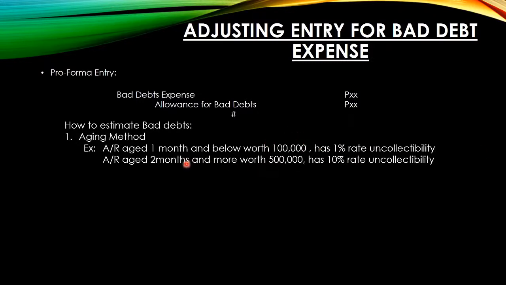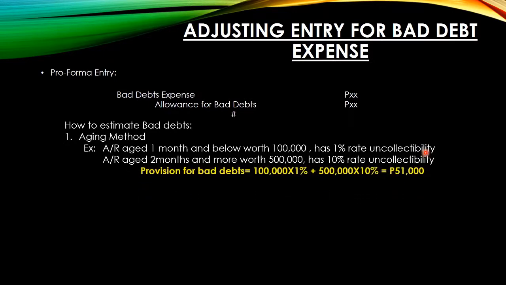Okay? So, same with the 2 months, 500,000 worth, there na siya 10% rate of uncollectibility. Meaning, kini nga age group of accounts receivable, 10% ani may not be collected anymore. So, how should we compute this one?